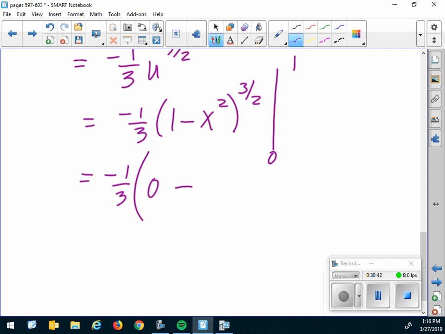What's 1 to the 3/2 power? What's 1 to any power? So that's 1/3 times negative 1. And that's exactly what you got doing it the other way.